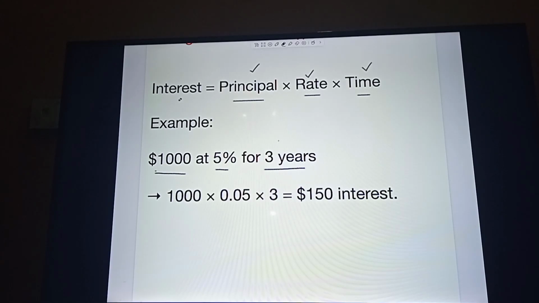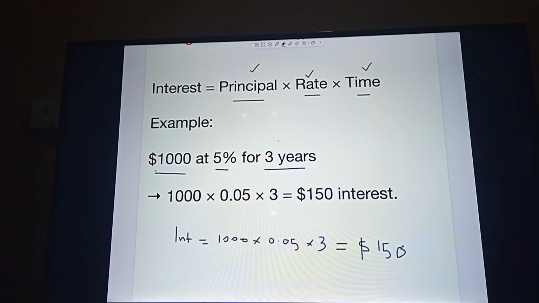So for this, the interest is equal to, again put the values in the formula. So interest is equal to principal, means the original amount, that is he has taken 1,000 rupees, which is the actual loan, and then multiply by 0.05 because 5% is equal to 0.05, and if it is for 3 years, then multiply it with 3, so the resultant value will become $150.